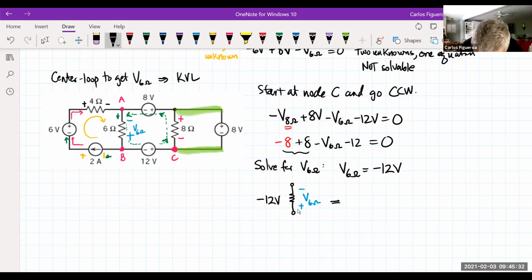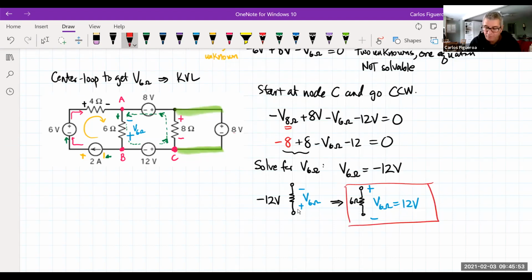So in other words, I can rewrite this guy where this guy is 12 volts that has a polarity like this. This is the direction that we want to go. And so therefore, it's 12 volts with the polarity up and down.